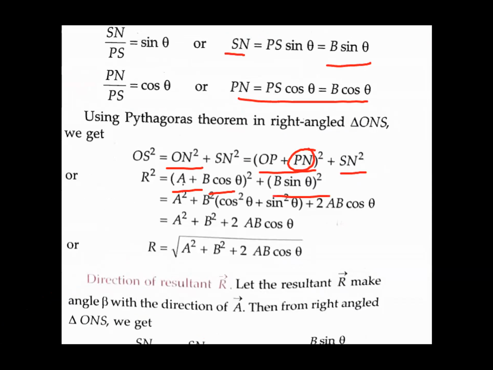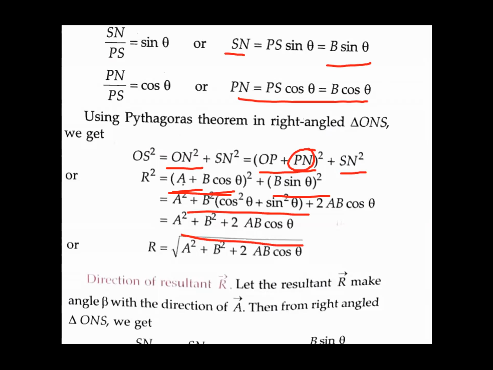So we are putting those values. We are applying the x plus y whole square formula, and on applying that we will get this, right? And then we are taking B square common, and we are left within the bracket cos square theta plus sin square theta, which comes out to be 1. And again the resultant is R square equals A square plus B square plus 2AB cos theta.